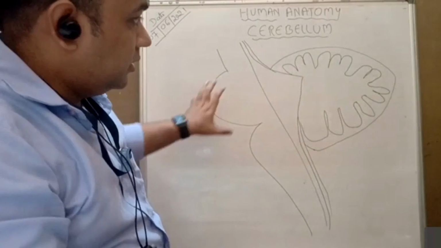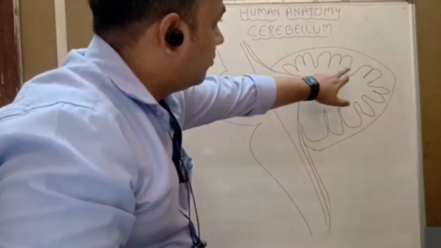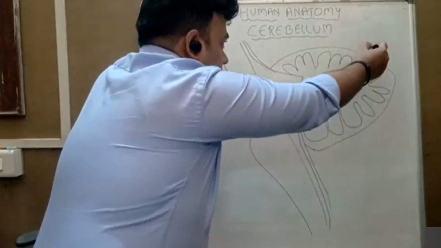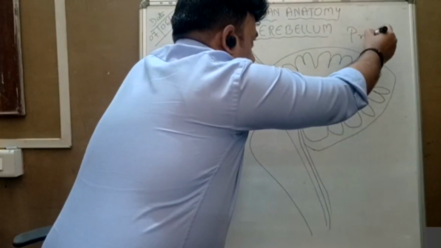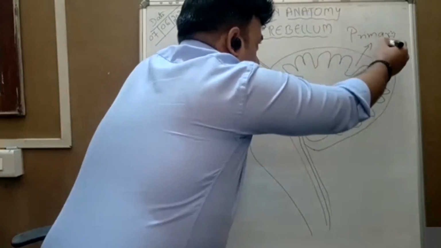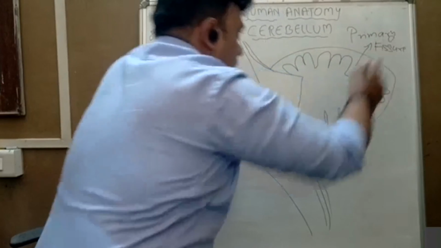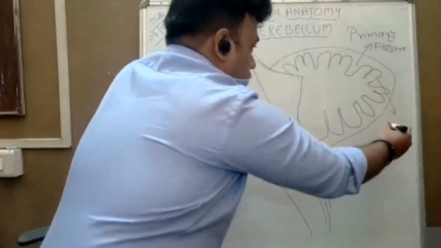So here we'll see that along this larger fissure is known as the primary fissure of the cerebellum. Primary fissure. This is the horizontal fissure.